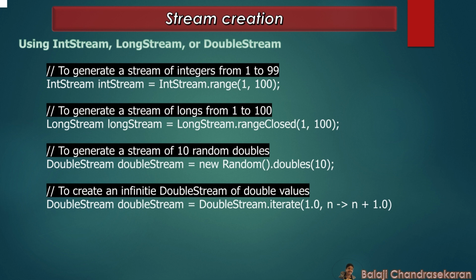Some examples of how to create an IntStream, LongStream, or DoubleStream are shown on the screen. These interfaces provide methods for performing common operations on primitive data types such as summing, averaging, and finding minimum or maximum values, making them more convenient for working with numeric data.